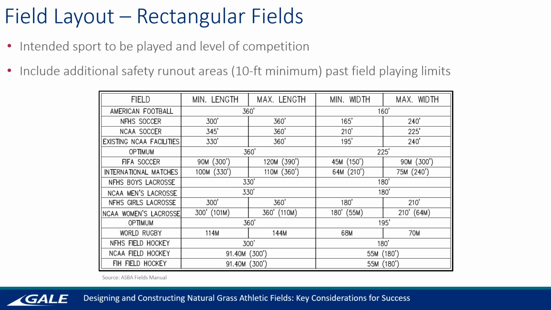But you also want to be mindful of that second bullet there, the safety runout areas. That's basically having an unobstructed free zone of natural grass at the same slope. You don't want to change the grade on it after you leave the playing limits of the soccer, football, whatever it is. You want to make sure you have at least 10 feet minimum of safety runout area.